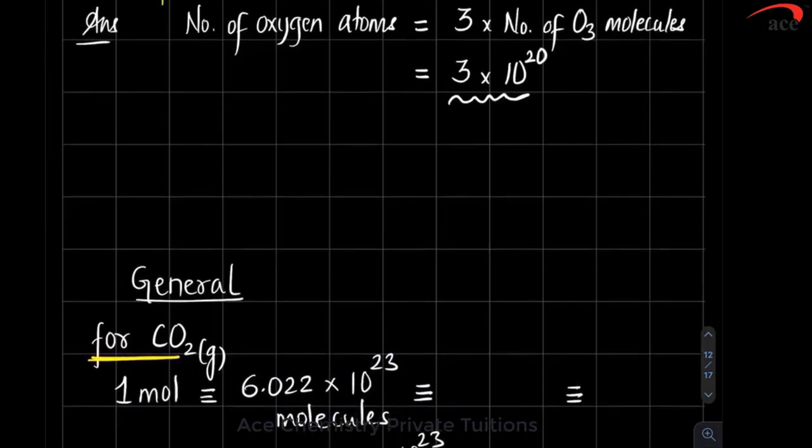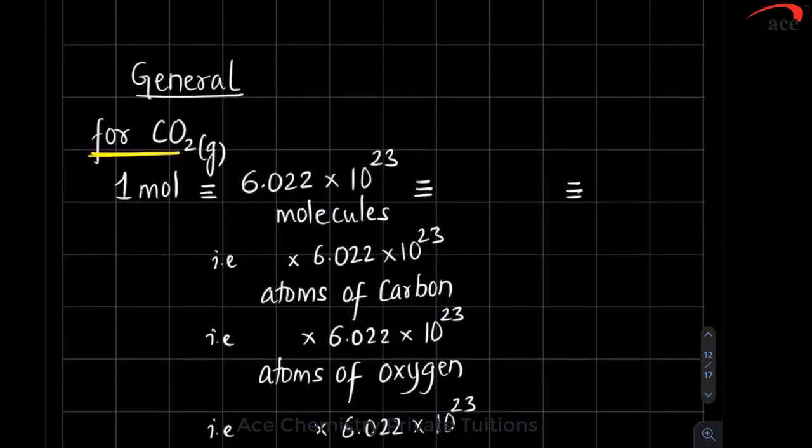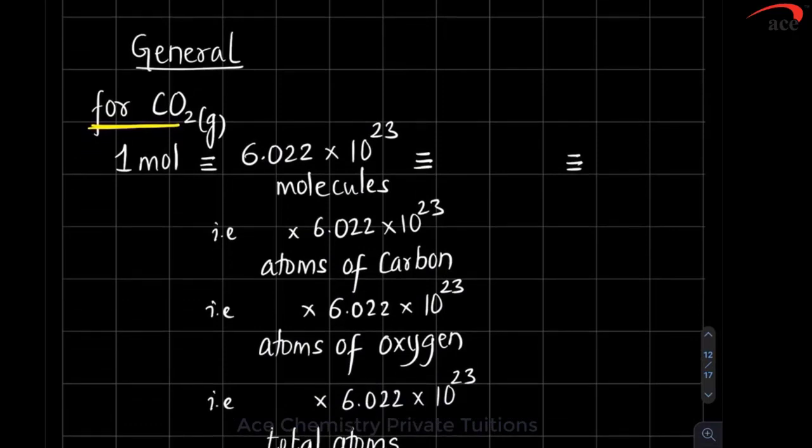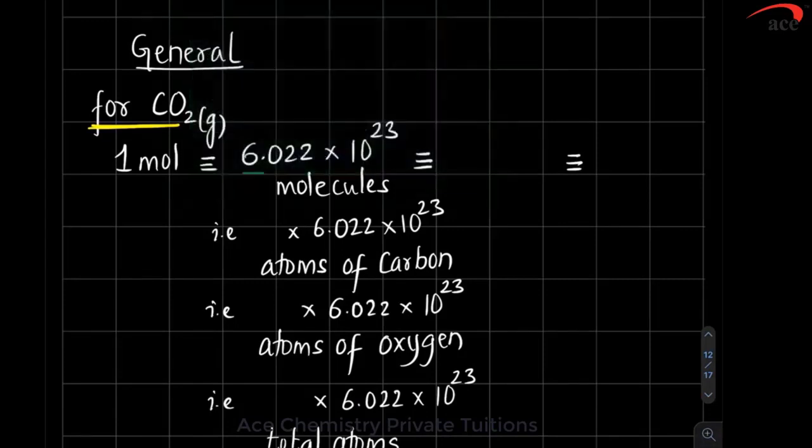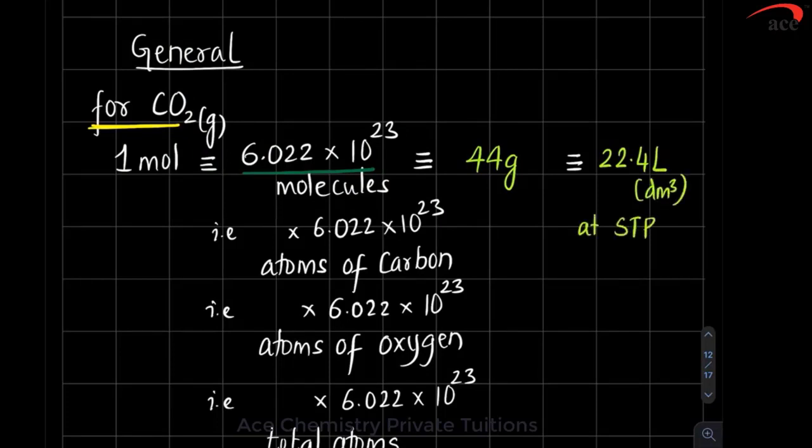So if you want to generalize, for carbon dioxide, can I say 1 mole of carbon dioxide is Avogadro number of molecules, and it has 44 gram as a mass and occupies 22.4 liter or decimeter cube space at STP.